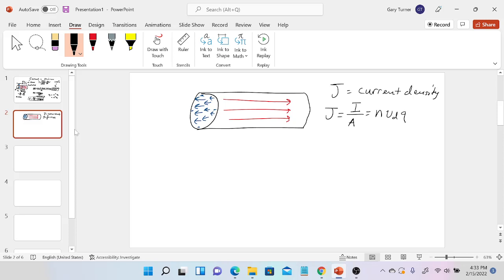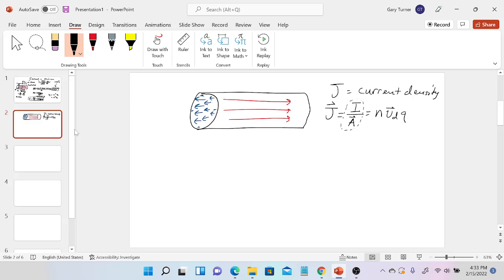But your drift velocity is a vector, and therefore your current density is a vector as well, right? And if you look at it in this form, it turns out that the vector nature comes from the fact that areas also contain a vector direction.